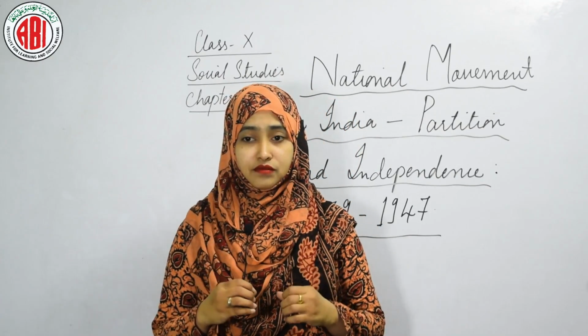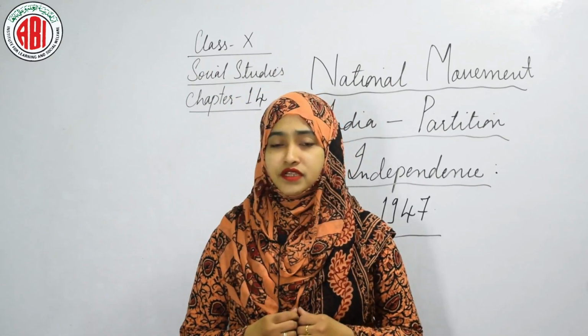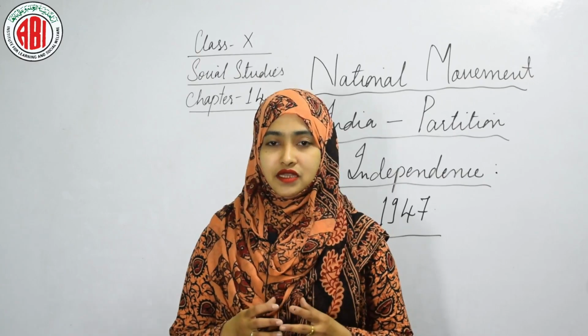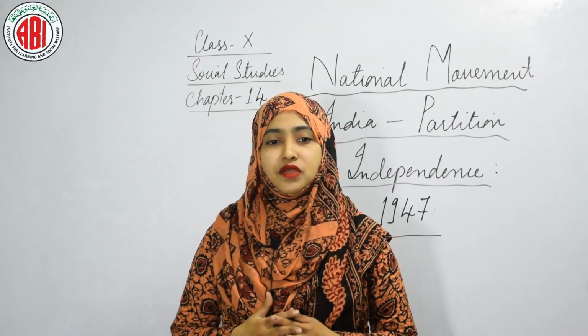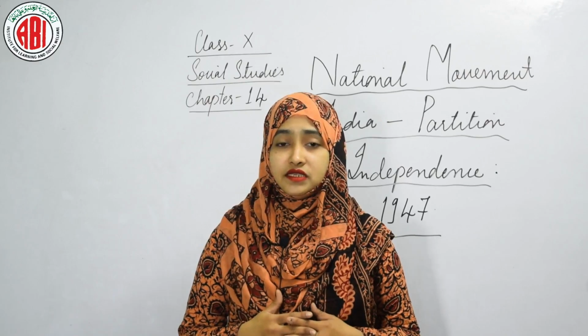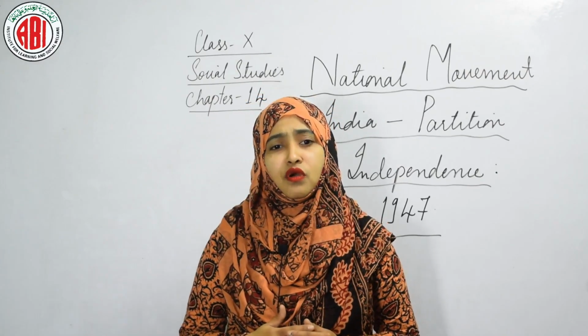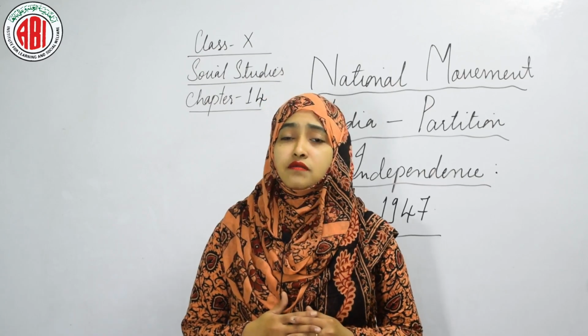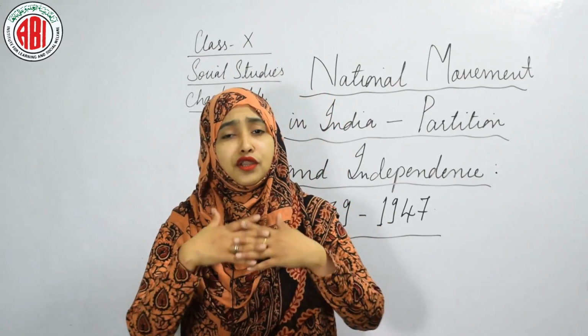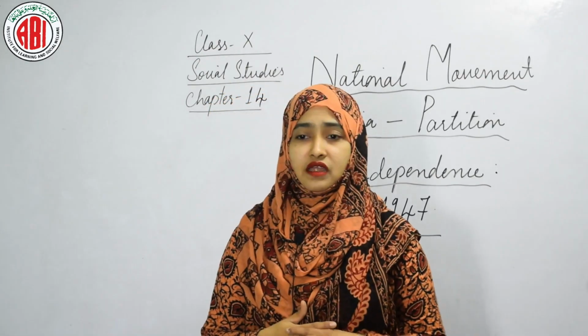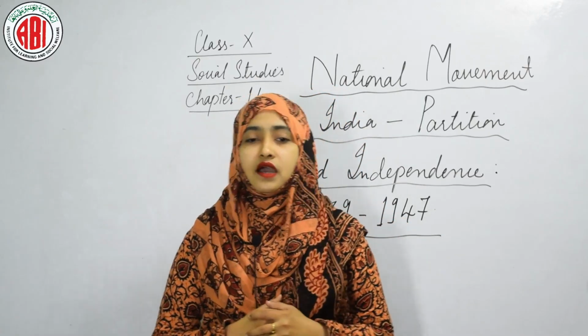This resolution never mentioned partition or Pakistan, but in later years it became known as the Pakistan resolution. People were thinking of different ways to solve the issues raised by the Muslim League, and the new nation state of Pakistan was one among these alternatives.